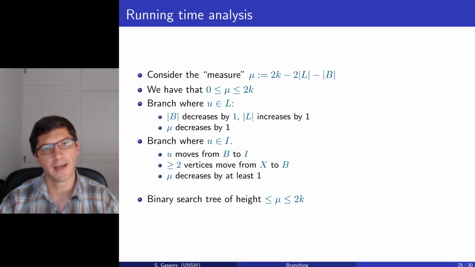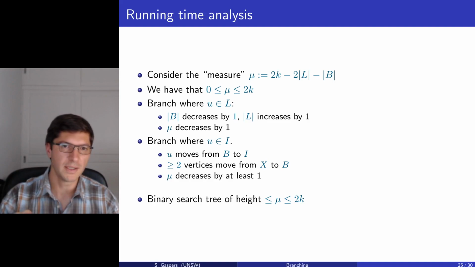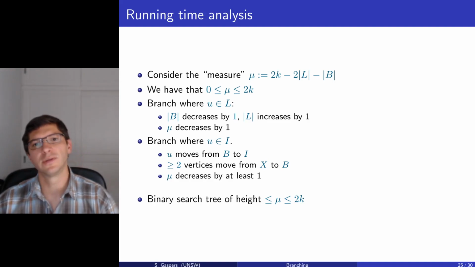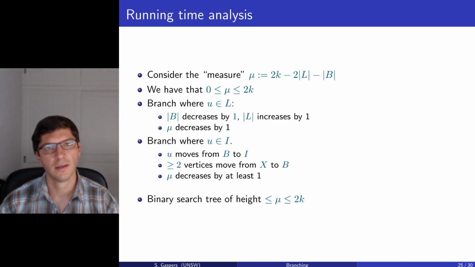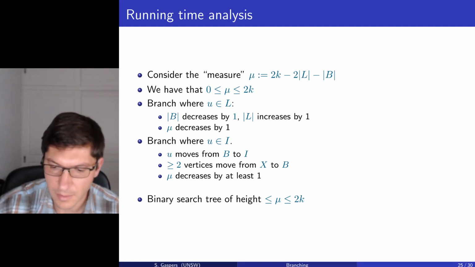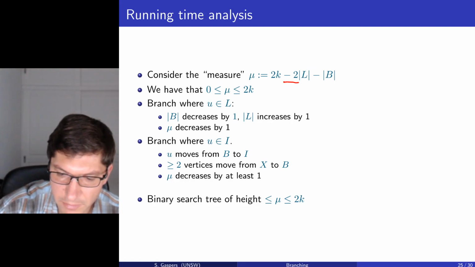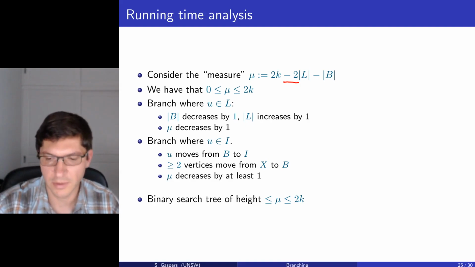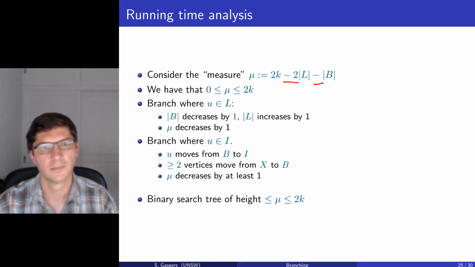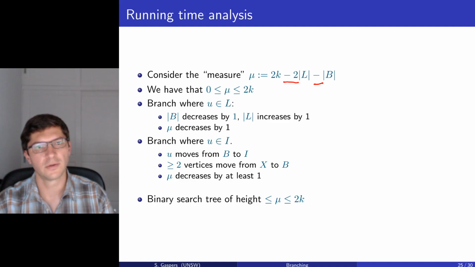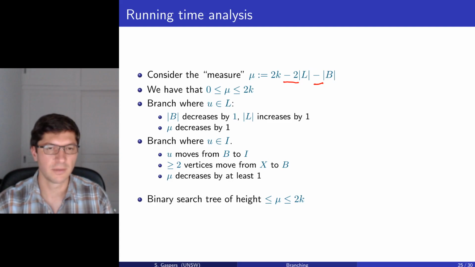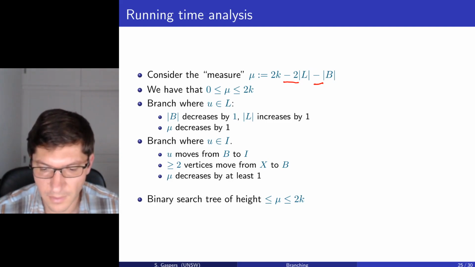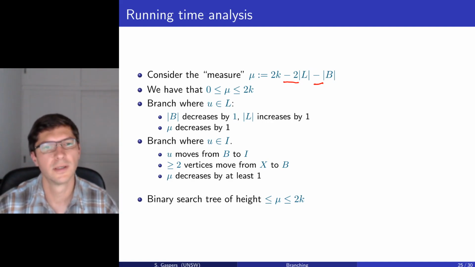Now, in the branch where we add U to L, we have that B decreases by 1 and L increases by 1. So in the measure here we have minus 2 times the size of L, but only minus 1 times the size of B. So in total, when B decreases by 1 and L increases by 1, we have that the measure mu decreases by 1. Okay, let's consider the other branch.